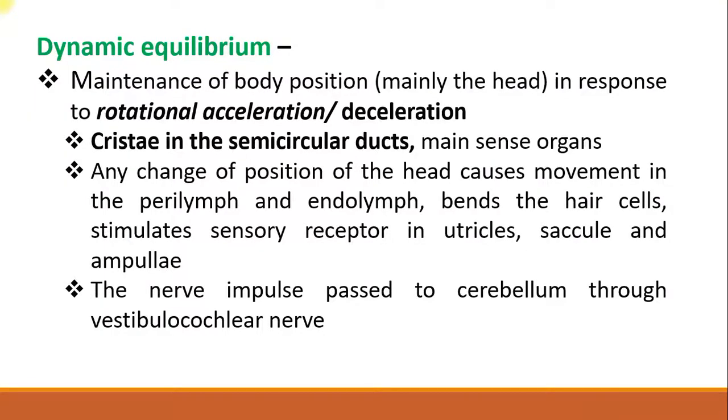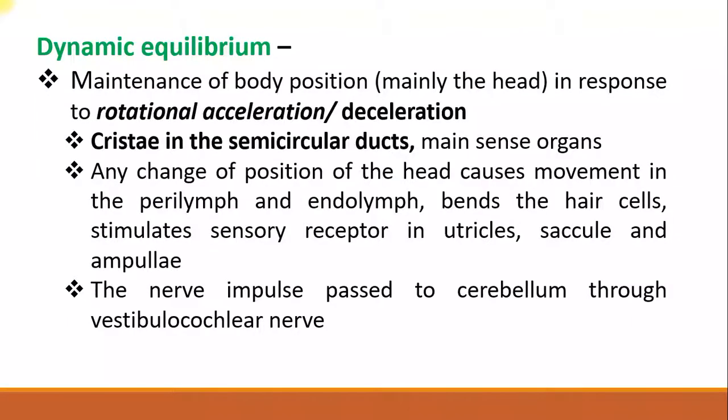This movement of fluid and bending of hairs is the same as what we studied in the physiology of hearing. It acts in a similar way, but the only difference is that it is associated with the maintenance of equilibrium. The rest of the things are the same.